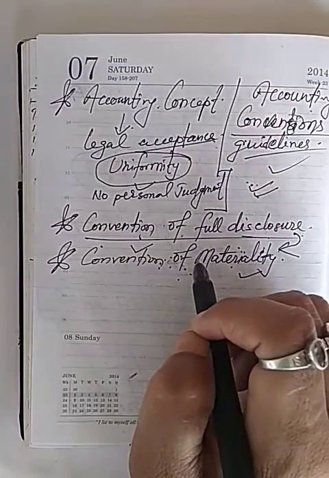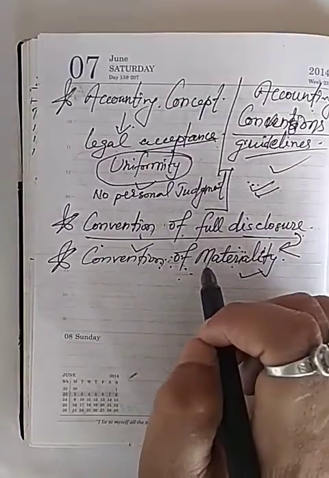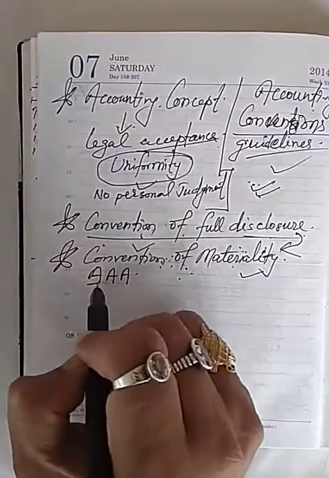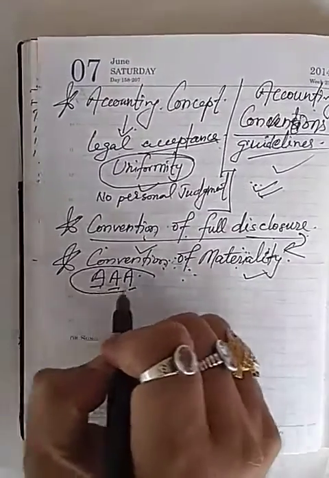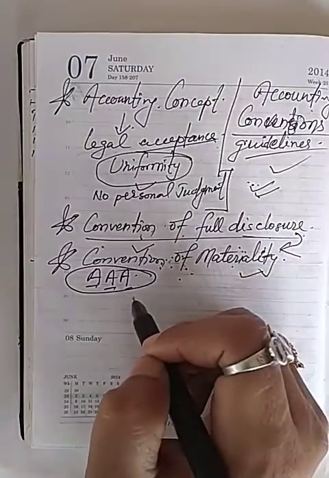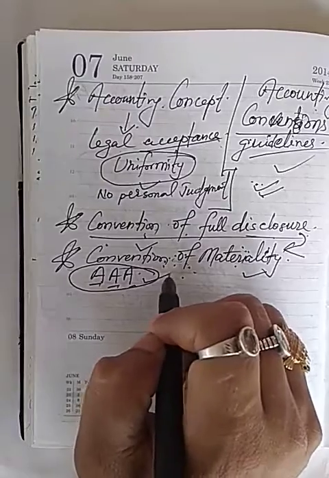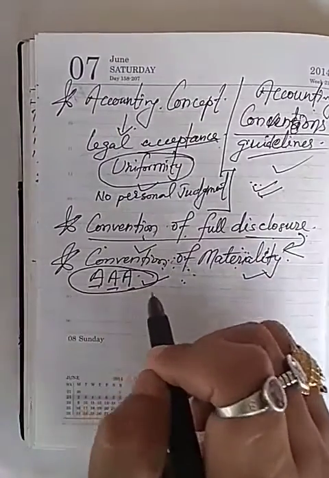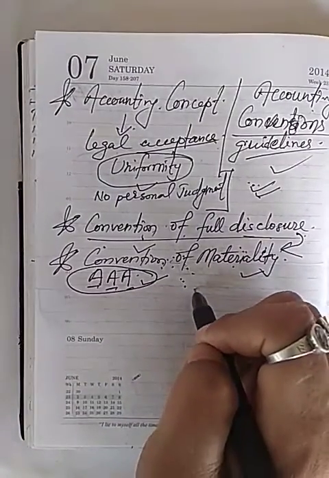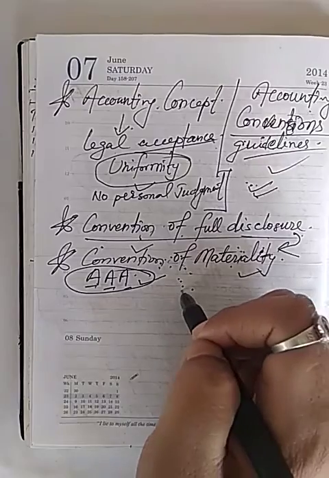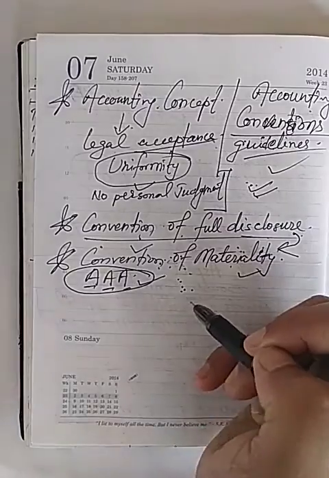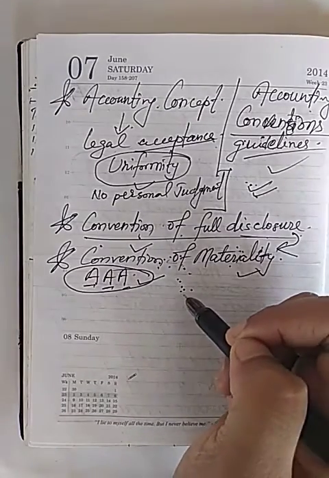The American Accounting Association, AAA, defines the term materiality as: an item should be regarded as material if there is reason to believe that knowledge of it would influence the decision of an informed investor.